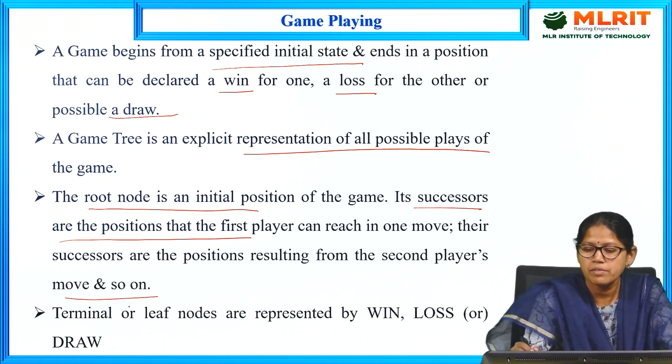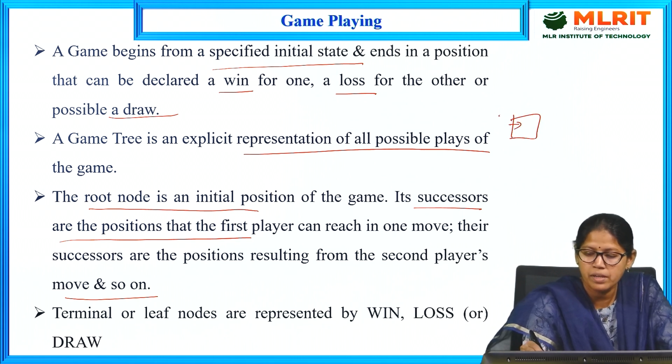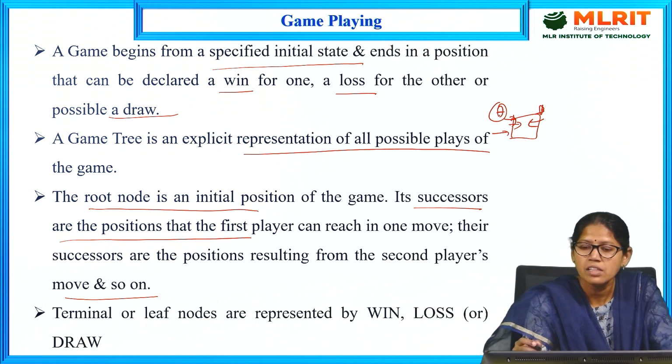For example, if you start any game, for example chess, you need to move the first player, for example A and B. A will play first, followed by B and again A. Both players will play such that each has to win the game. A will play such that A wins, and B will play such that B wins.